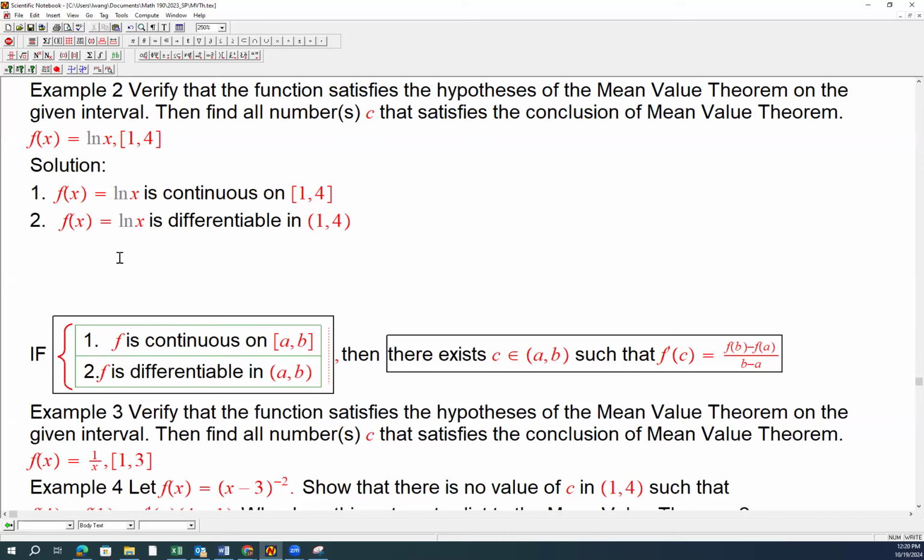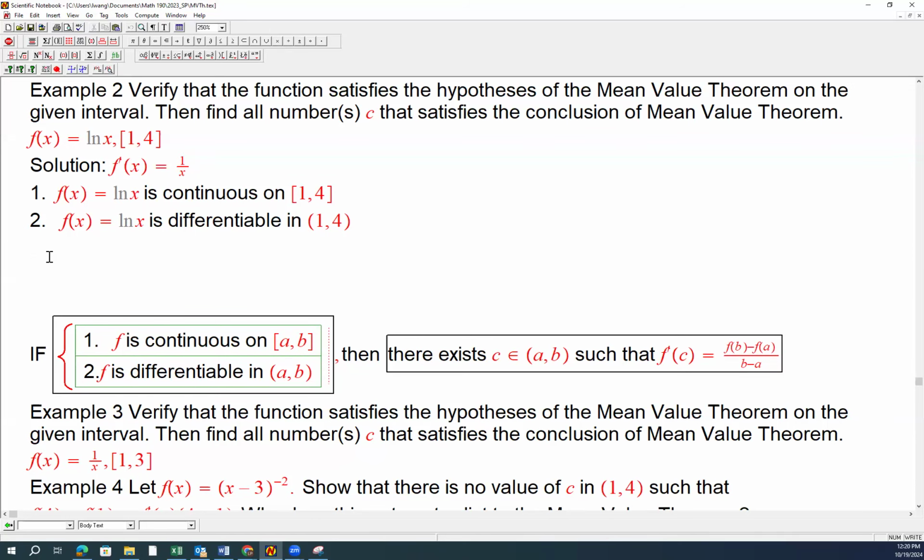We also need to find a couple of values, because we now know the mean value theorem's conclusion applies. So we just have to get all these numbers in place. The derivative of ln x is 1 over x.